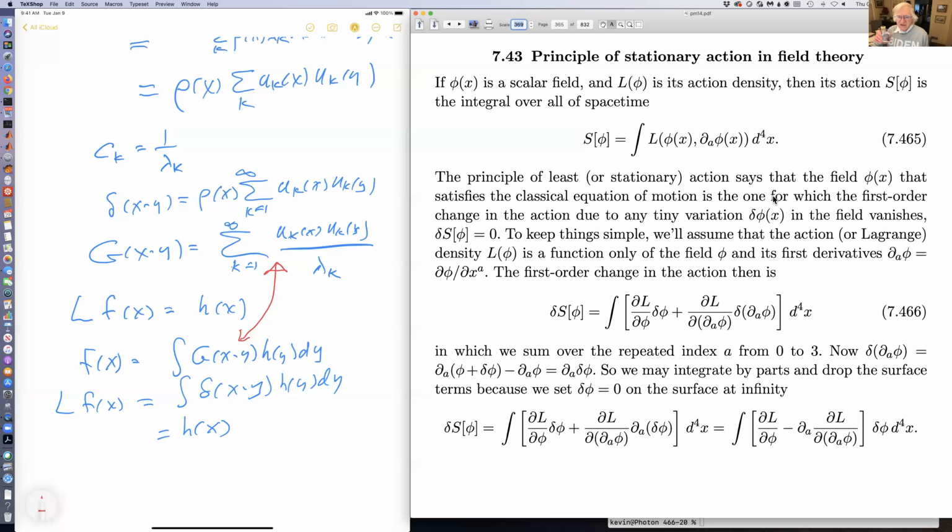So for this example, to avoid unnecessary indices, let phi be a scalar field, L of phi is its action density, and the action is an integral over all of space-time of this action density. Many people call this action density the Lagrangian. That's okay.